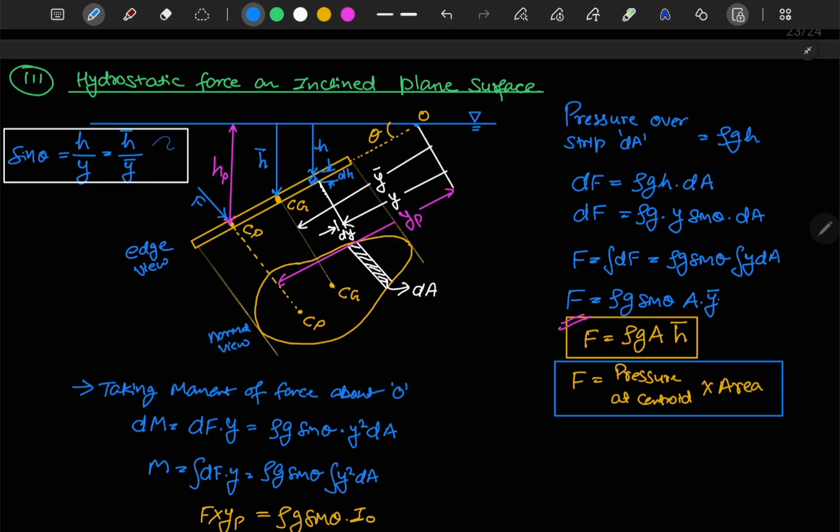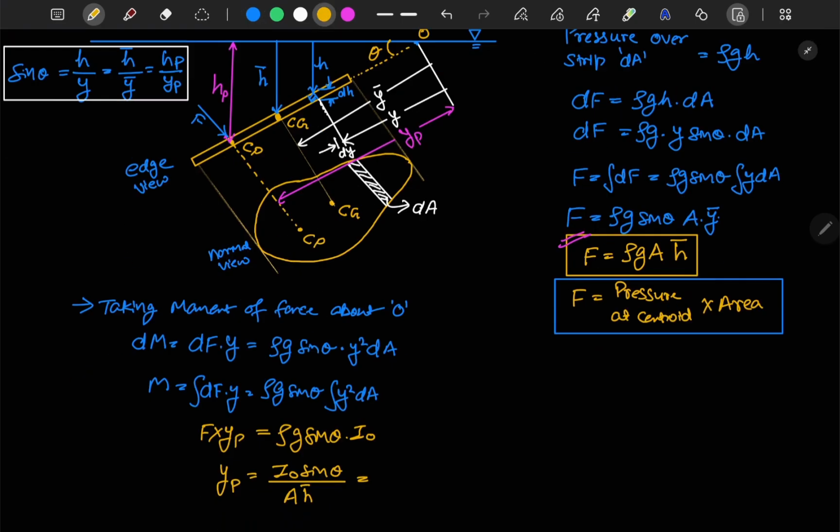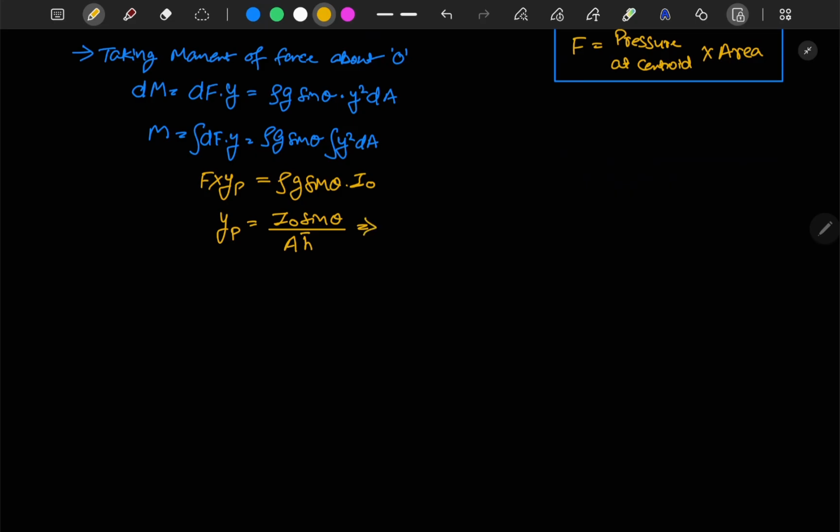This is also equal to hp upon yp. So hp is equal to yp sine theta. So this will become I naught sine square theta divided by h bar.